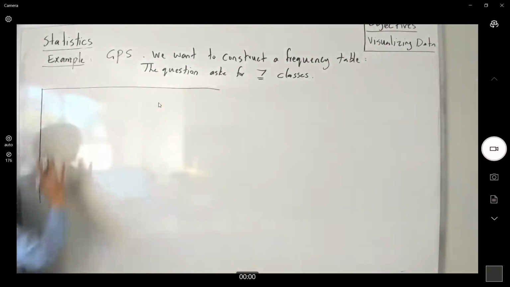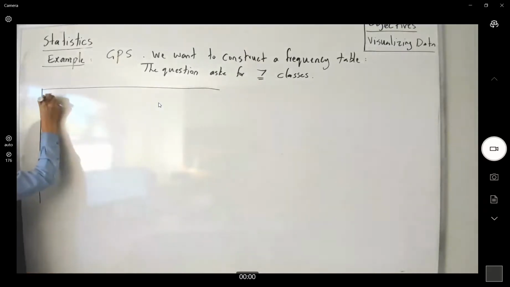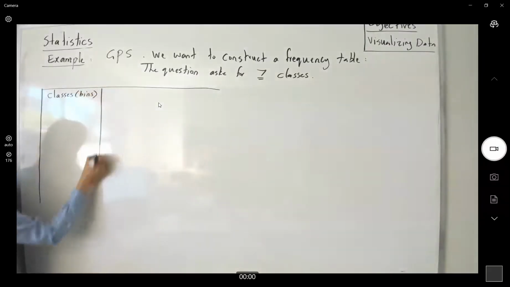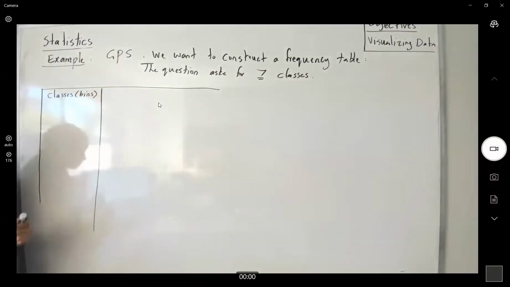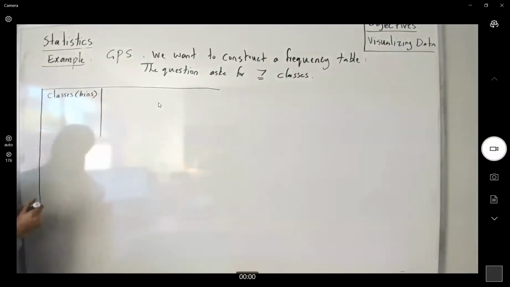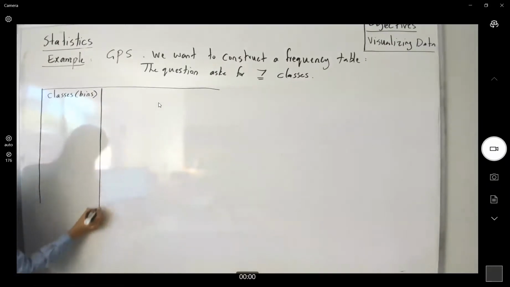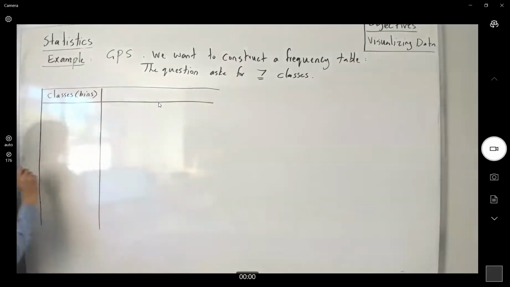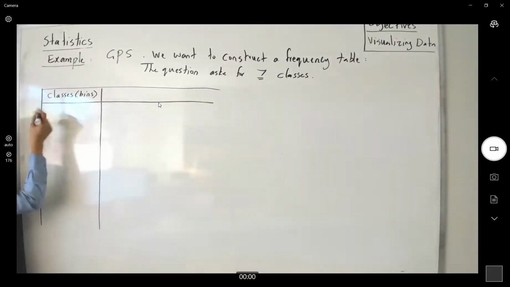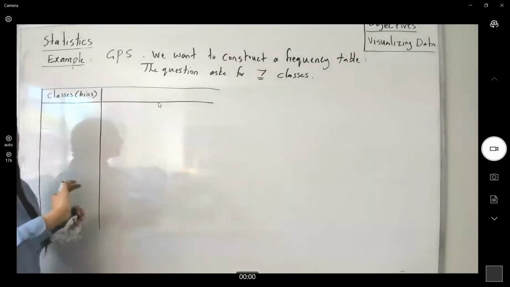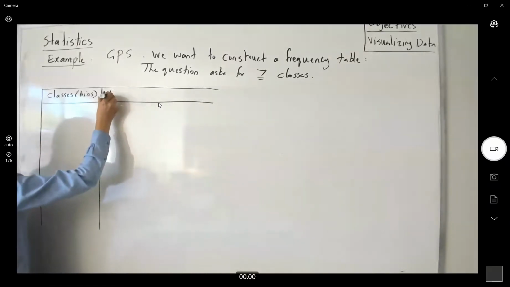Let's build this step by step, column by column. Classes or bins. For sure, we know we have 7 of them. So this is our first class, second class, third class, fourth class, fifth, sixth, and seventh class.